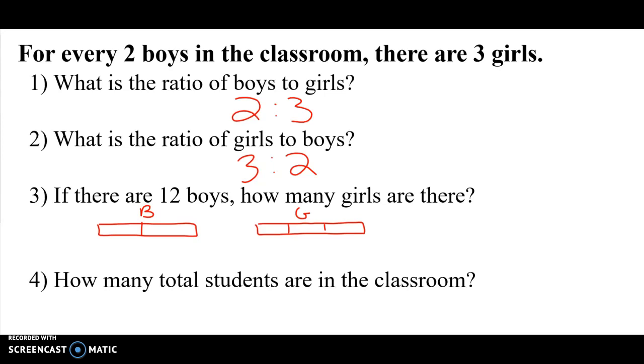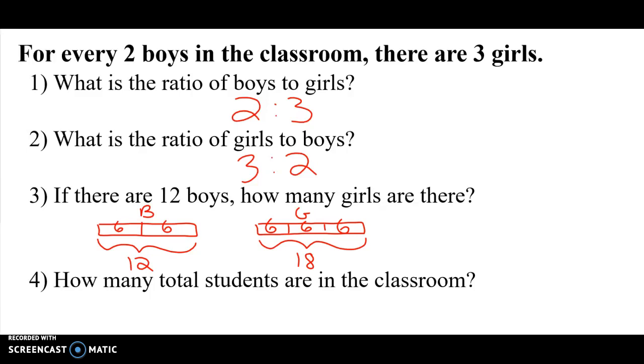So if we know that there are 12 boys, how many was in each group? 6. So basically, all of these groups are 6s. So Ryan, how many girls are there? 18. You kind of see how I common sense that out a little bit? Sometimes pictures, those visuals, can help you visualize what's happening.